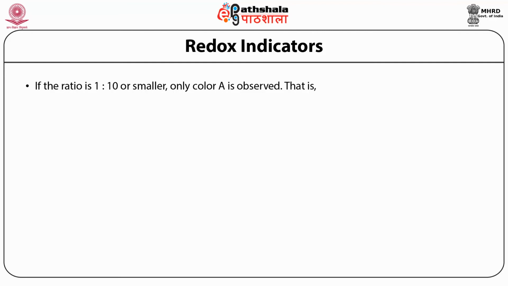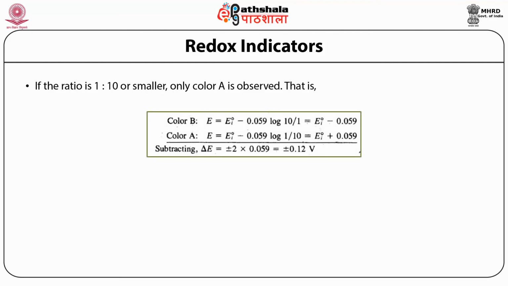For color B, E is equal to E naught I minus 0.059 log 10 by 1, that is E naught I minus 0.059, and color A is indicated by E is equal to E naught I minus 0.059 log 1 by 10, equal to E naught I plus 0.059.